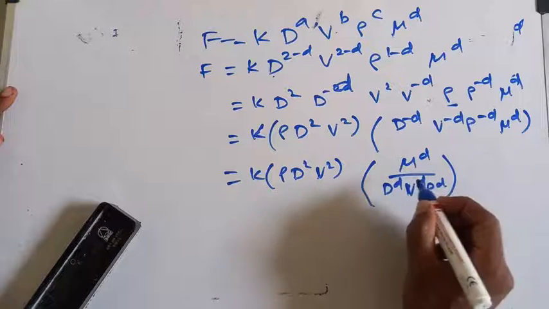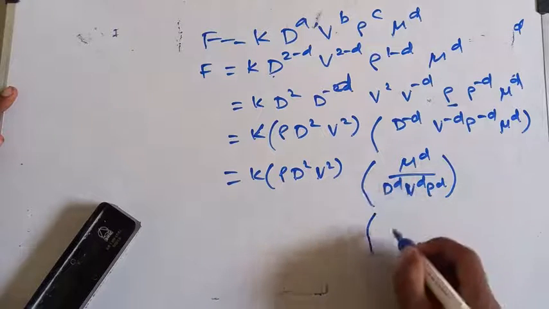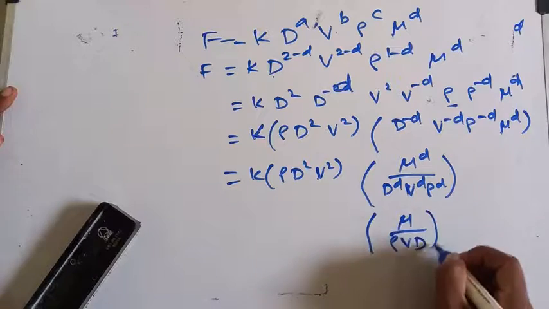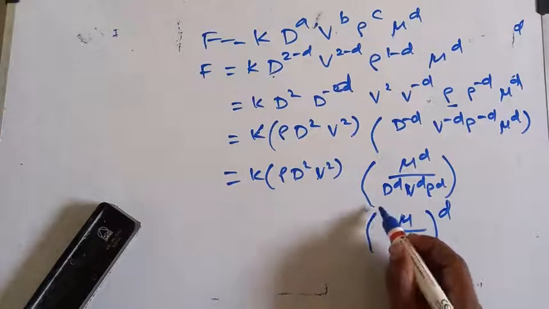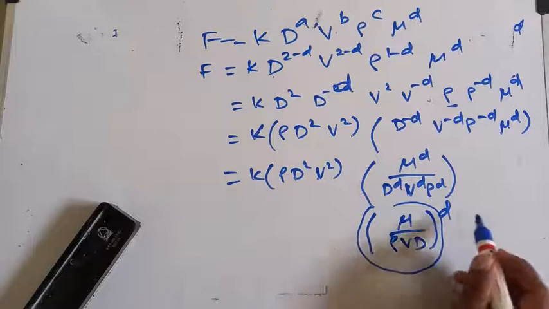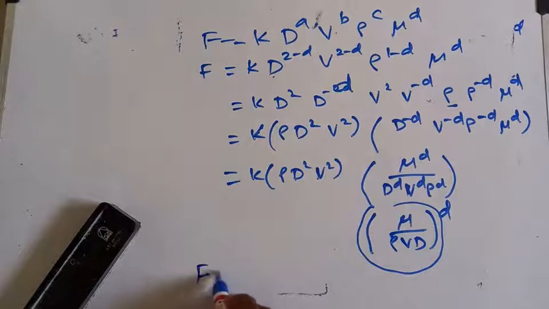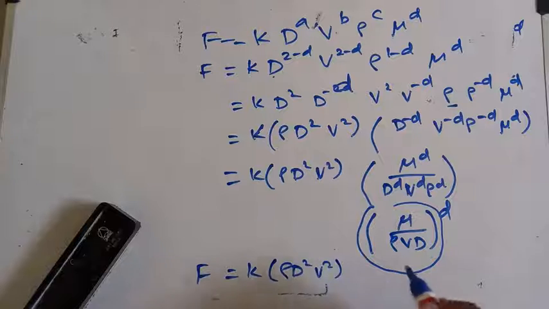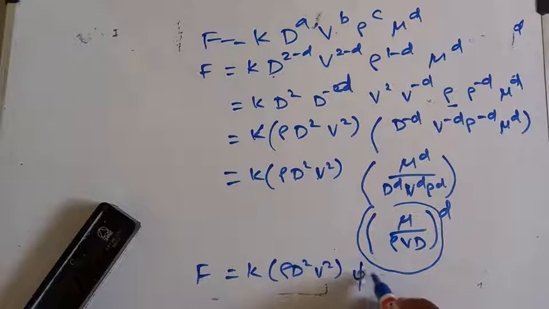Okay, if I take d outside, I'll get this term as mu by rho V D whole power d. This term is nothing but Reynolds number. So it's a function of Reynolds number. So F is equal to k into rho D square V square into a function of Reynolds number.